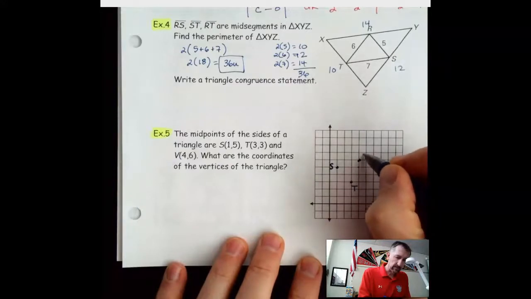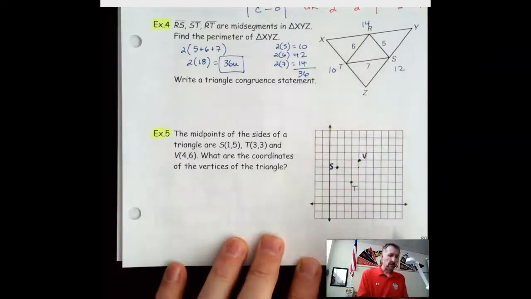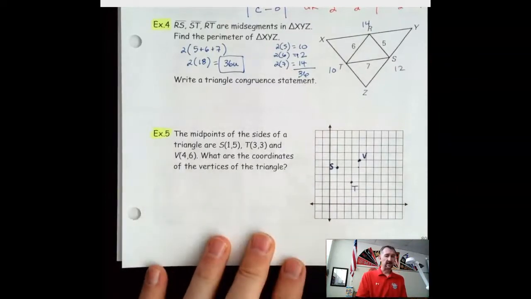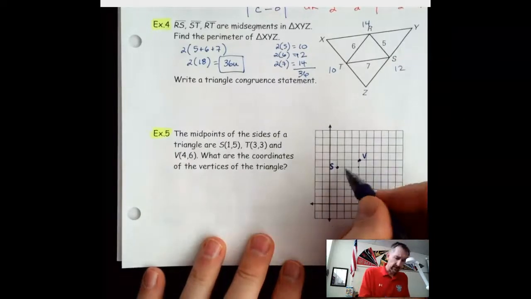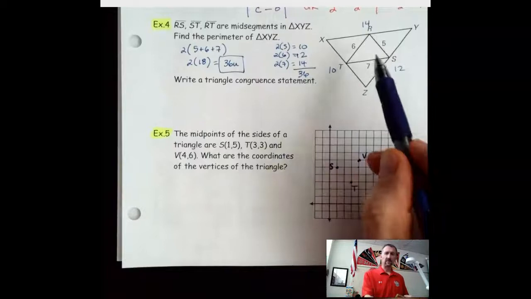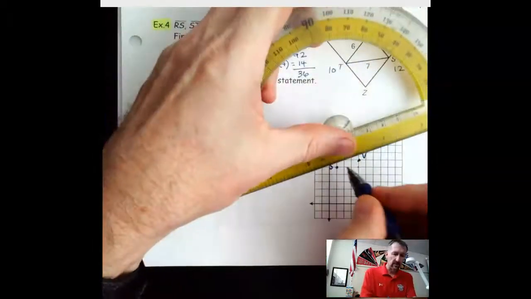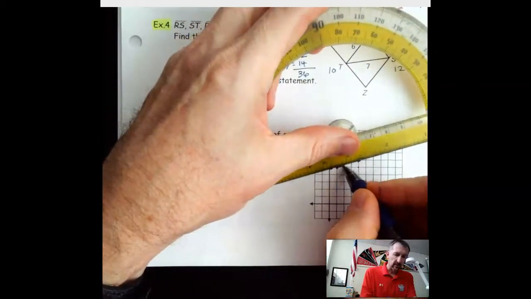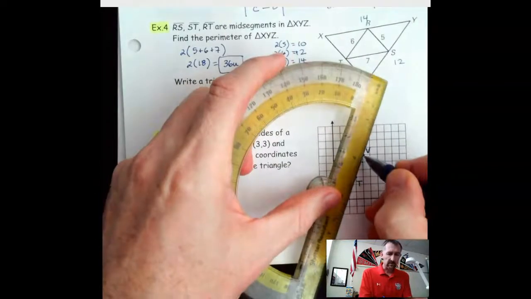Alright. So it says those are the midpoints of the sides of a triangle. What are the coordinates of the vertices? So if you think about that, that's the little triangle inside of the bigger triangle. That's what this is.